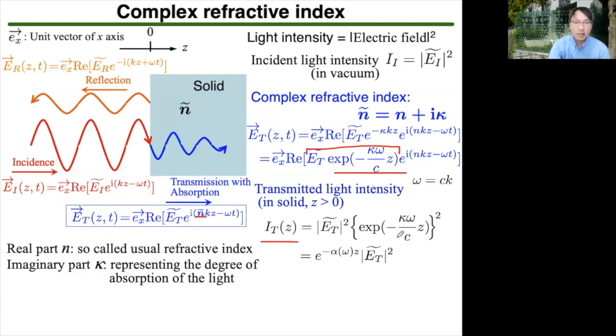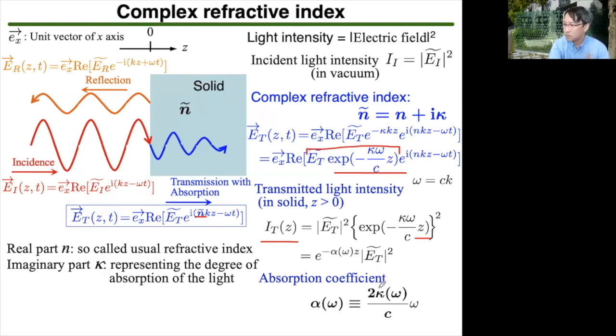Here, I introduce another physical quantity, alpha, called the absorption coefficient. This quantity is directly observable since we can obtain it by the measurement of intensity as a function of z.